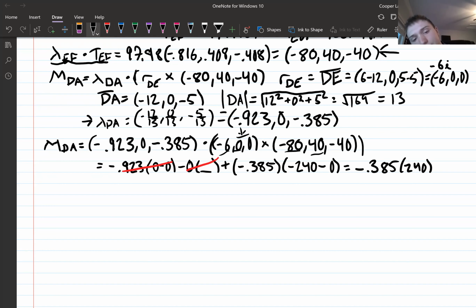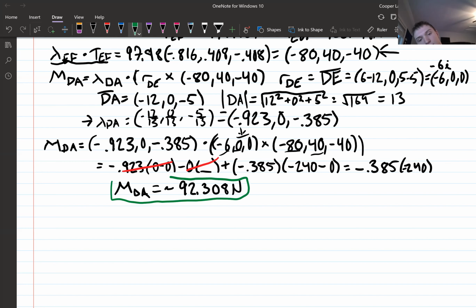This means that my moment of dA equals approximately, because it's negative times negative, it's going to be a positive answer, 92.308 newtons. And that is the answer for question 2. Yeah, there you go.